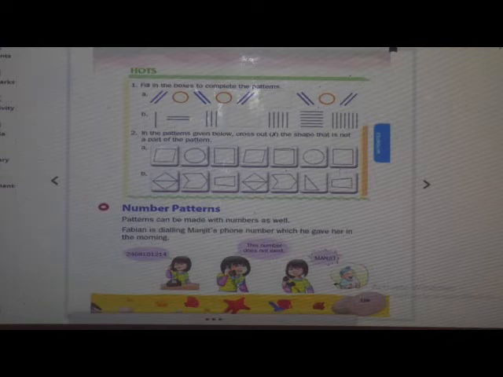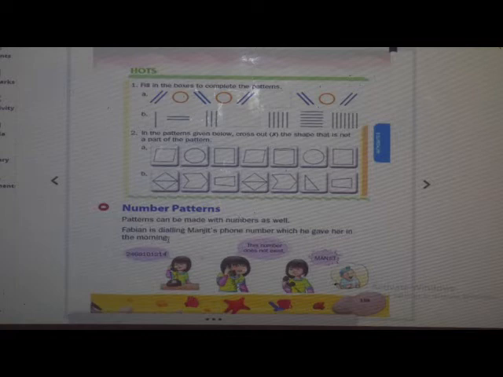Till now we have seen the patterns of shapes, geometrical shapes, lines, all things. Now we are going to see the patterns of numbers. Numbers पता है ना सबको? So number patterns we are going to learn. Pattern can be made with numbers as well.